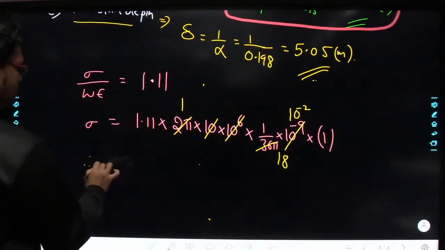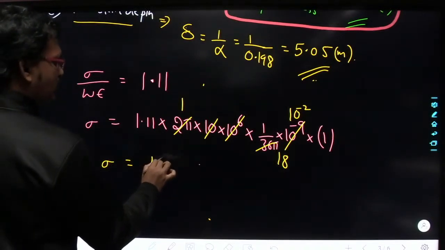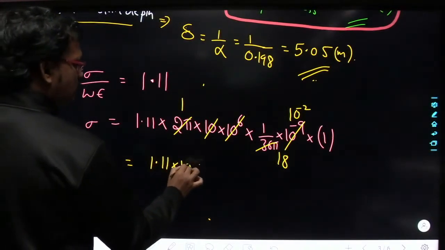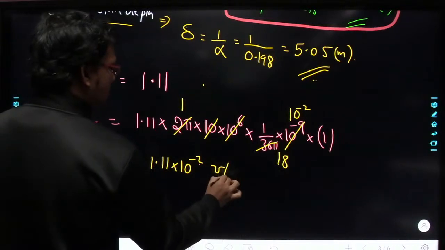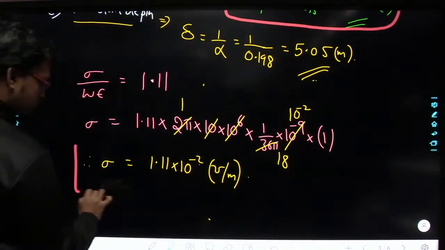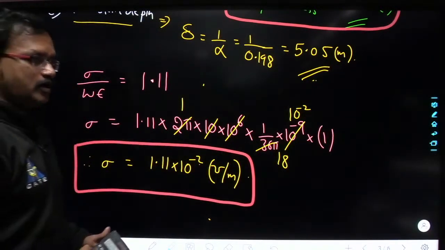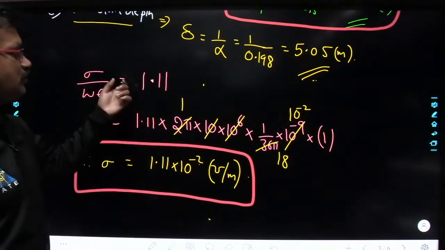So therefore the conductivity of this medium is equal to 1.11 into 10 to the power of minus 2 mho per meter or Siemens per meter. So this is the conductivity of the medium.